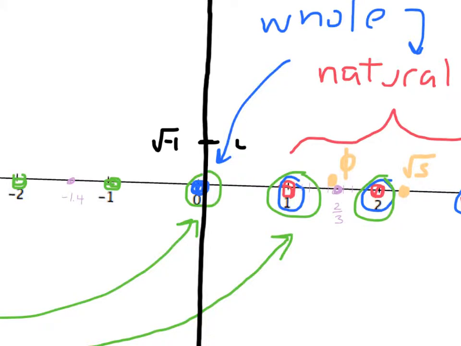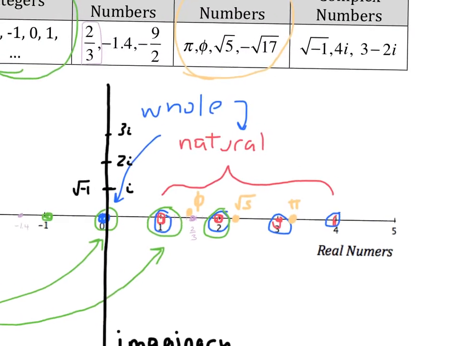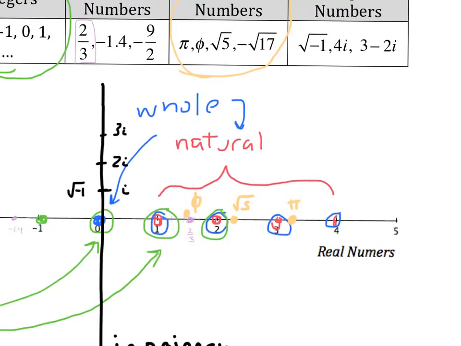Another number for that is i, and we'll define that in a minute, which means this is 2i and this one is 3i, etc. And so in order to graph, say, something like 3 minus 2i, all we need to do is go to 3 along the real numbers to here, and down 2i.